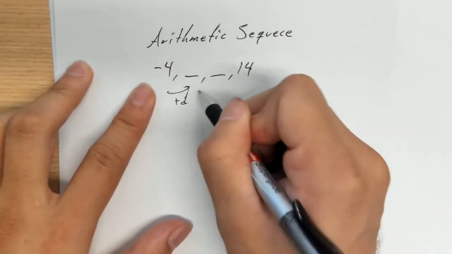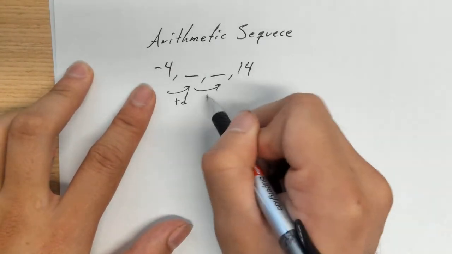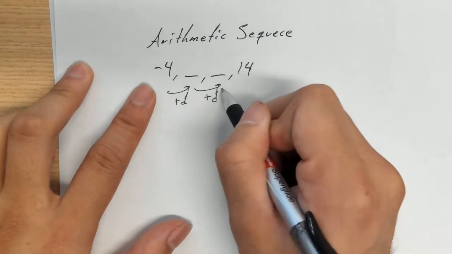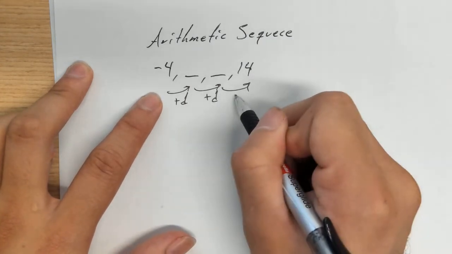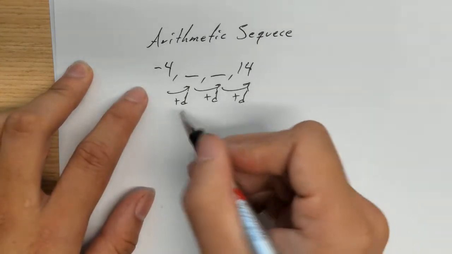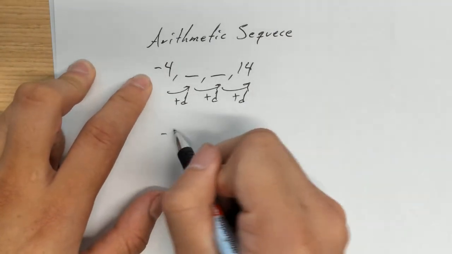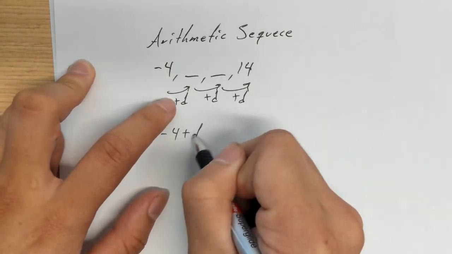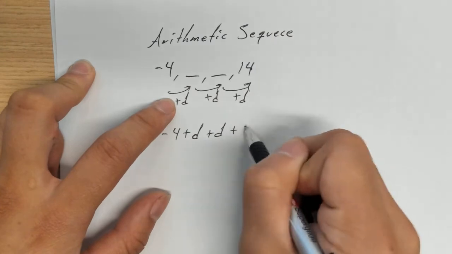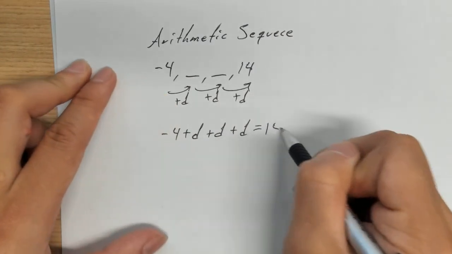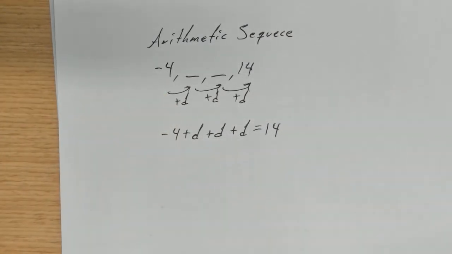You add the common difference. And then what do you do again? Add the common difference again. And again. So -4 plus D plus D plus D equals 14. Remember doing that?